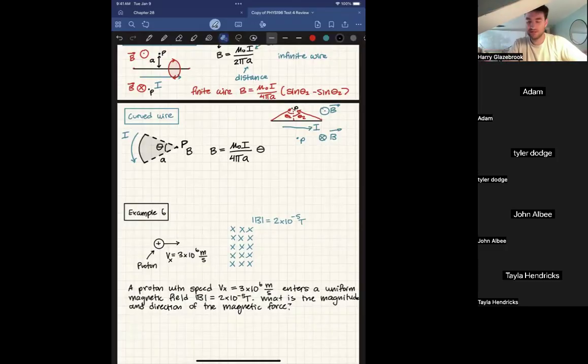Cool. Again, put this on your sheet. Just make a note of it so that if you see that geometry, you can be like, okay, I know what to do there.